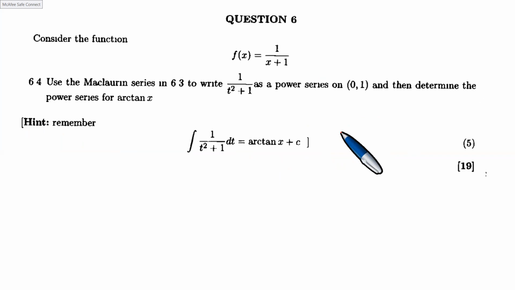In 6.4, we need to use the Maclaurin series in 6.3 to write that one as a power series on the interval 0, 1, and then determine the power series for arctan x. So at this point you'd need 1 over 1 plus t squared.